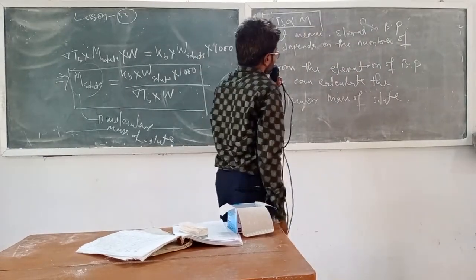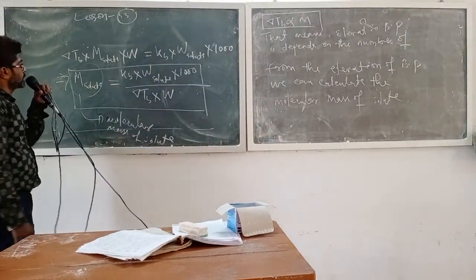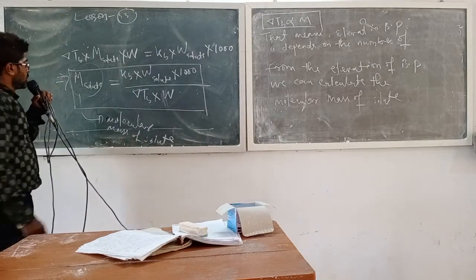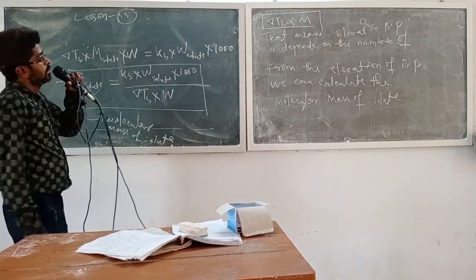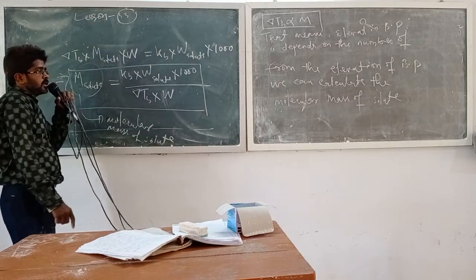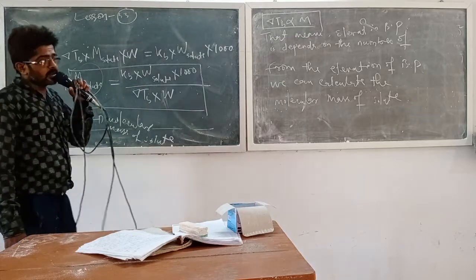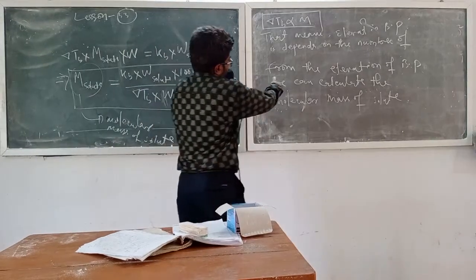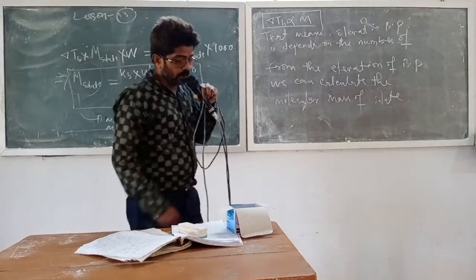So M solute equal to KB into W solute into 1000 divided by delta TB into W, and M solute is the molecular mass of the solute. So from the elevation in boiling point, we can calculate the molecular mass of the solute.